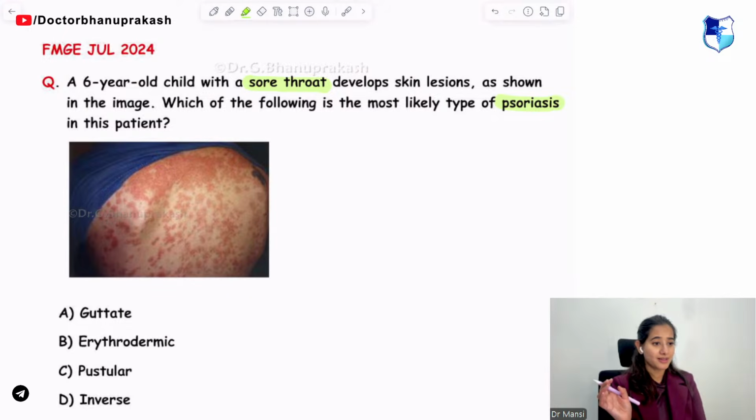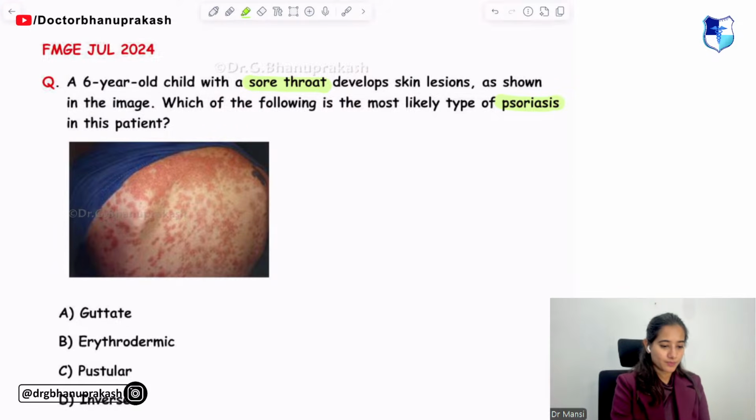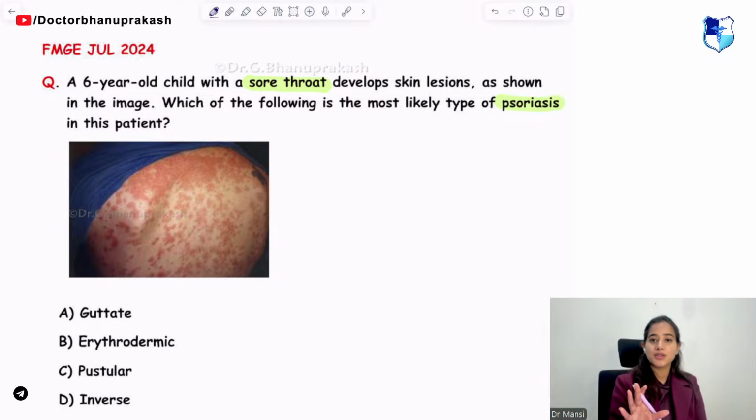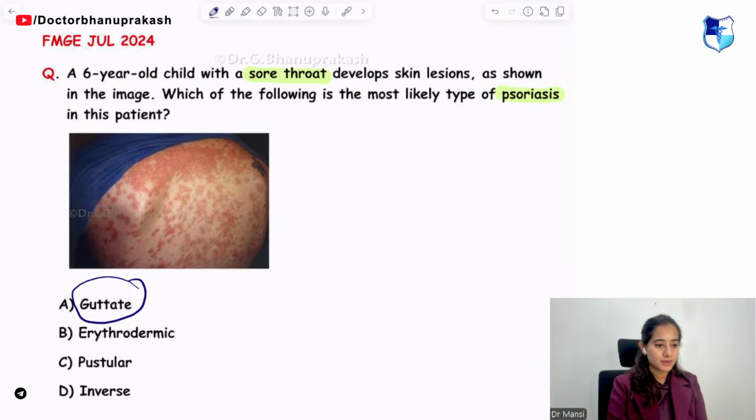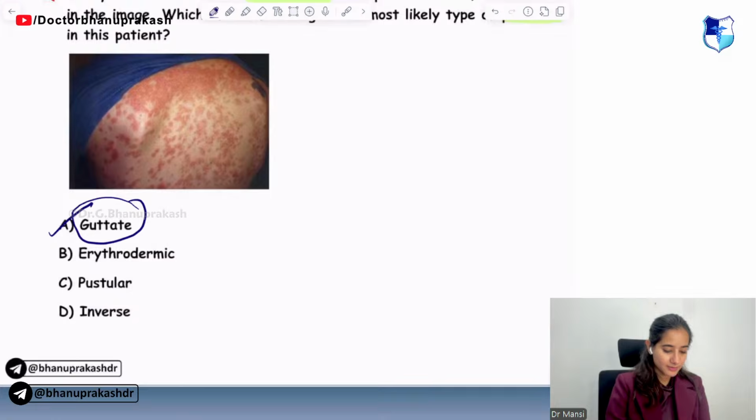Pranay is absolutely right. Viraj is absolutely right. See, I told you there itself that there will be some history of some infection which will be given. So it is a guttate psoriasis where we saw raindrop kind of lesions. So this is a guttate psoriasis.